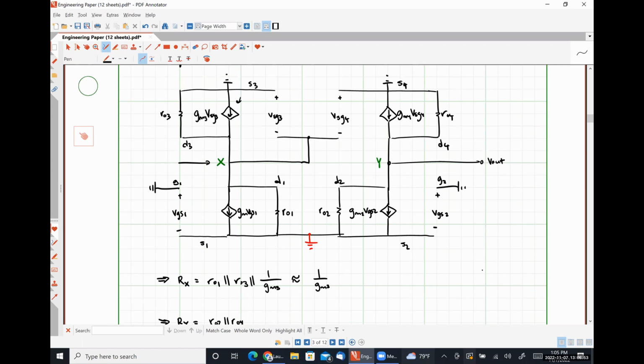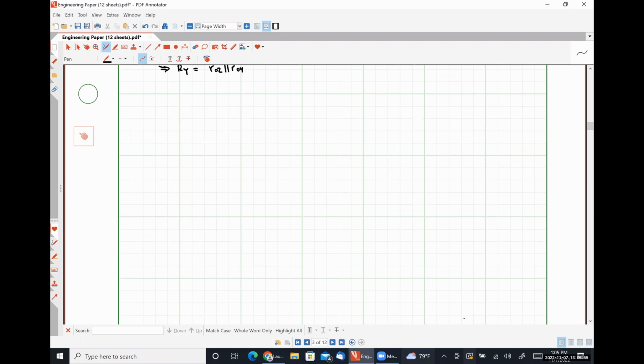So now let's look at our capacitances. So I'm going to redraw our circuit, determining CX and CY. And we're going to do this one a little more so by inspection.